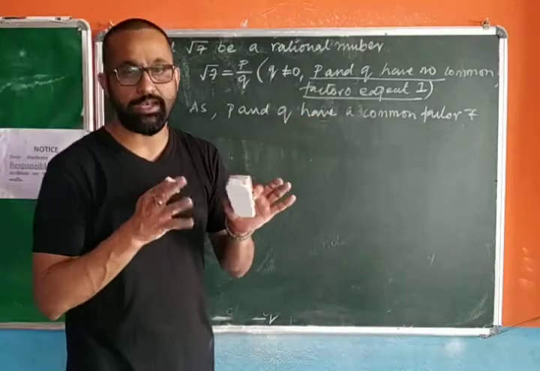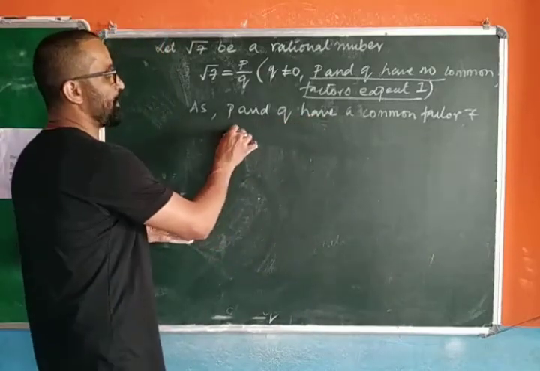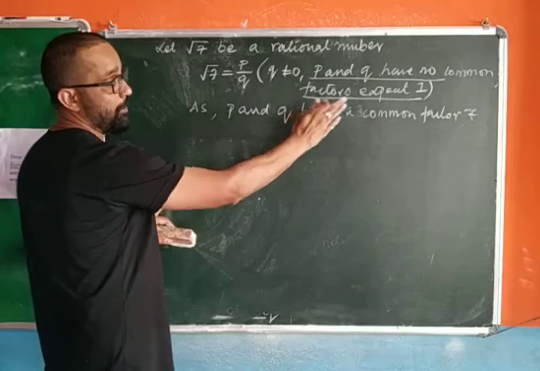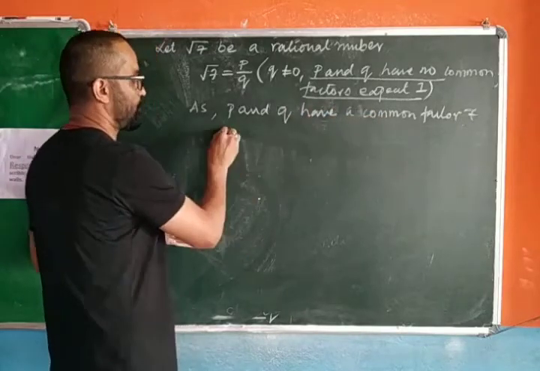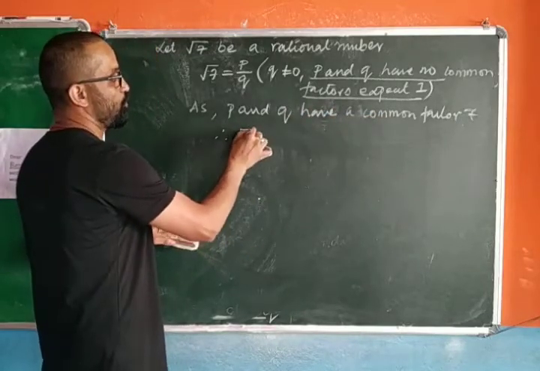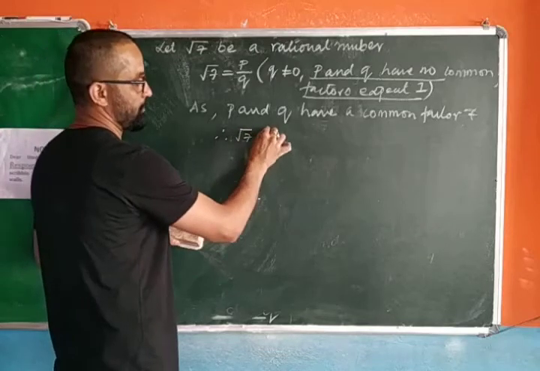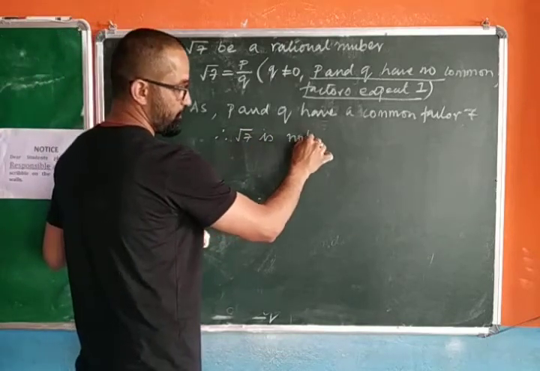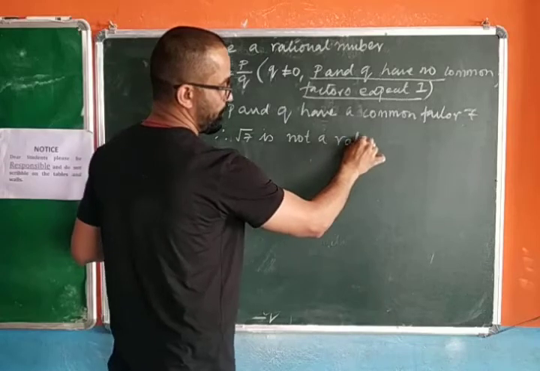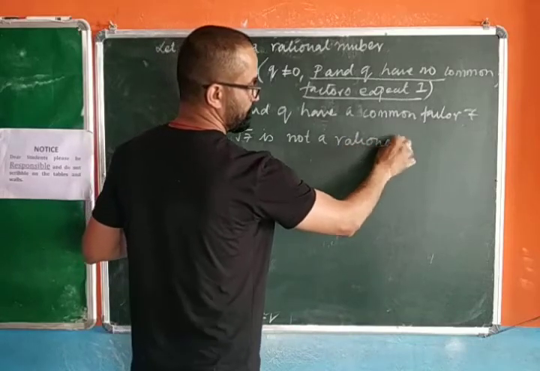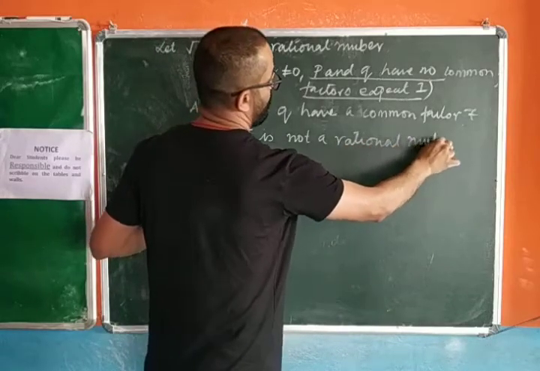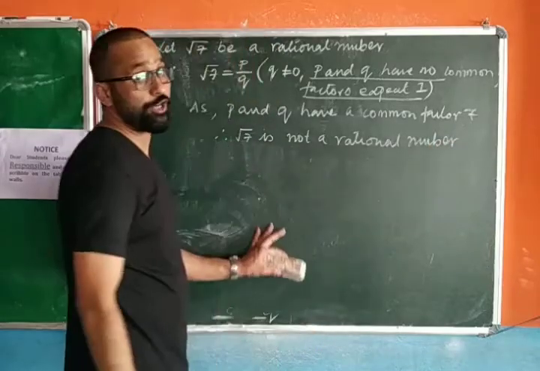As it is contradicting, p and q have common factors, therefore root 7 is not a rational number. Contradiction of the definition.